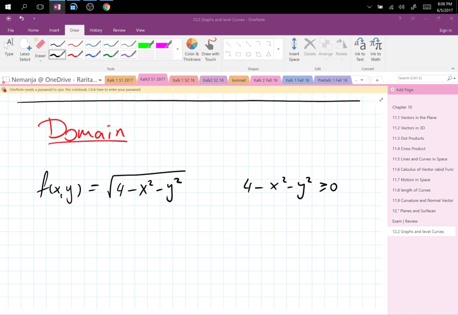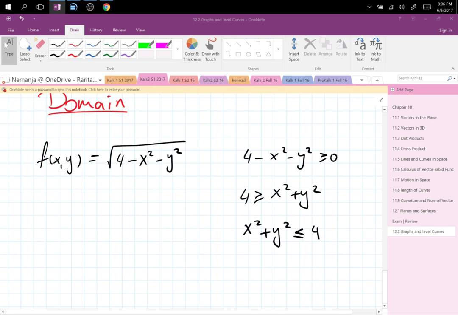So if you do that, you get this inequality, and then you work with this inequality, and then you flip this inequality so it's easier to understand. And what do you get? What is this?